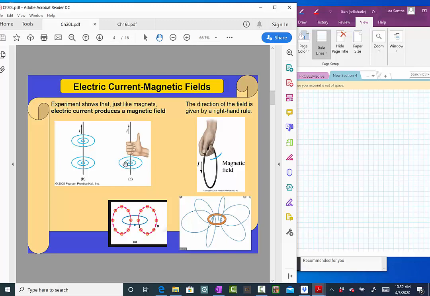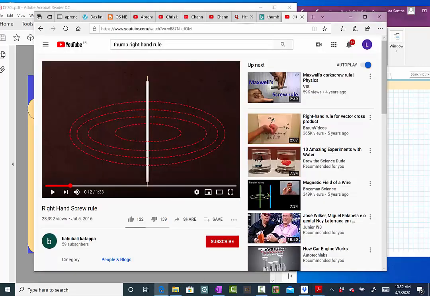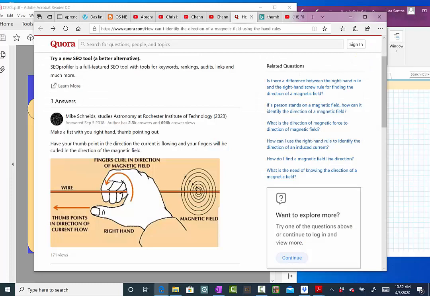Let me show to you some other drawings of that. Let's see if this helps. In this case here, what we have is a wire, and the direction of the current is now to the left. Okay, so the current is to the left, my thumb is to the left. The thumb is to the left, this is my right hand.